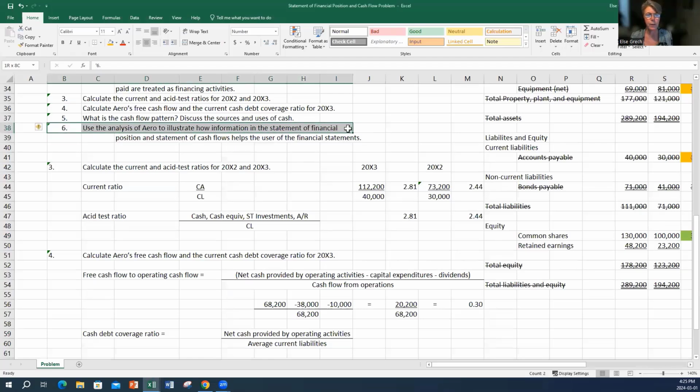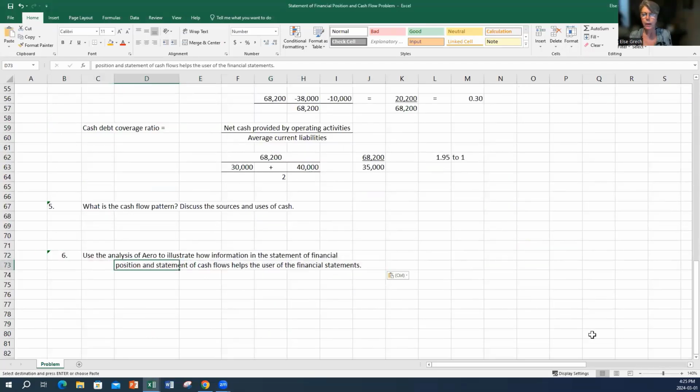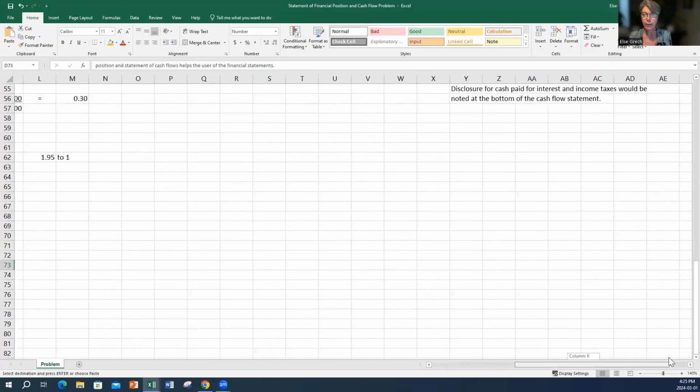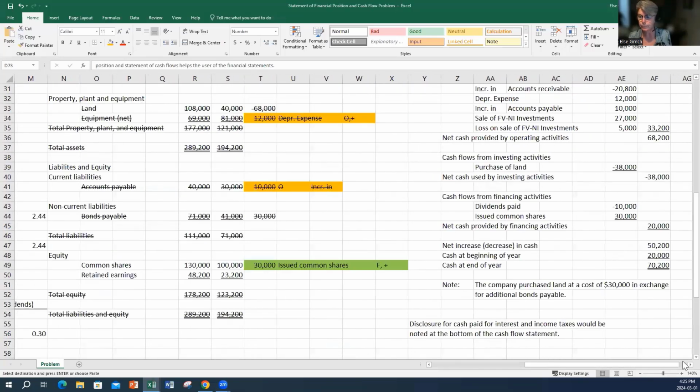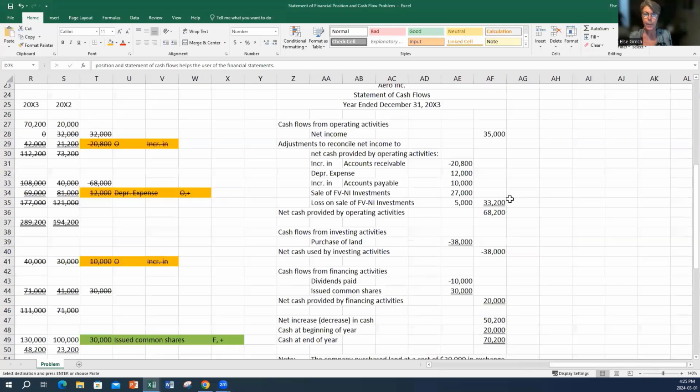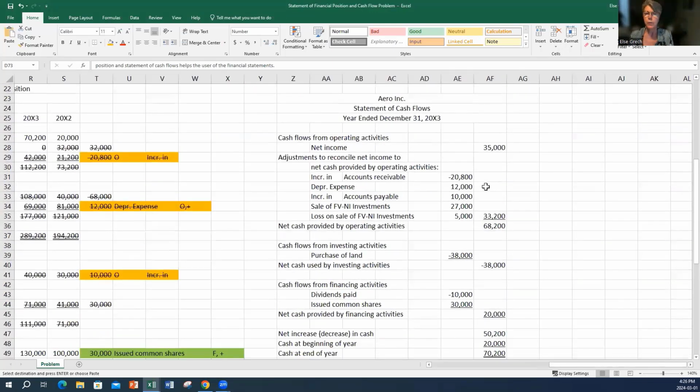So I'm just going to copy this down here. All right, so let's start by looking at the cash flow statement. So this is useful to the users of the financial statements because it indicates exactly where cash is coming from and what it is being used for.